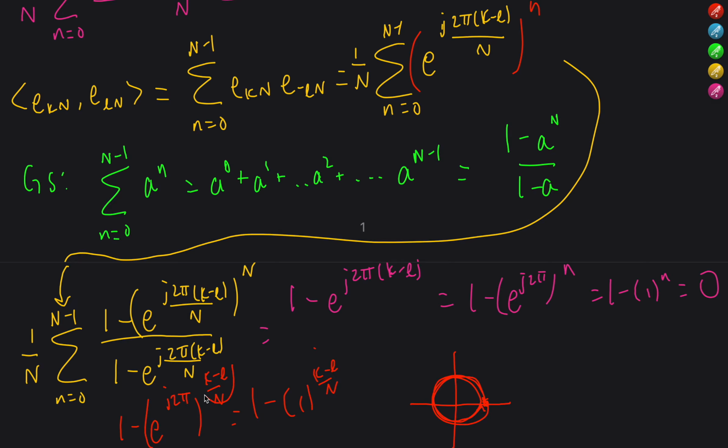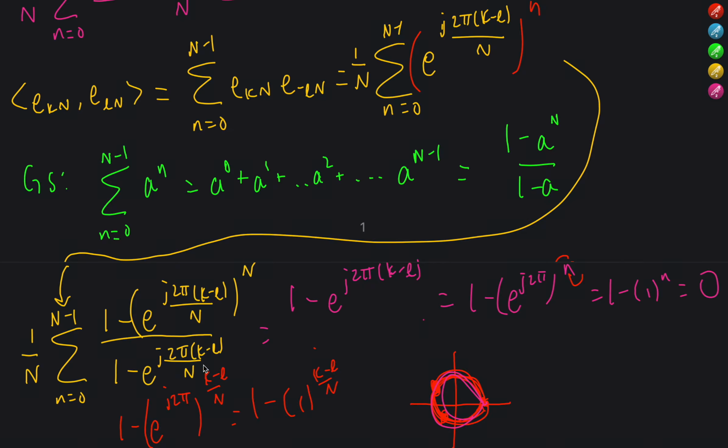But if this number is not an integer, then we might be going fractionally around 2π. We might not go all the way, or we might end up here. So there's no guarantee that we end up at 1. So that's the difference. Here, we know n is an integer because k minus l will be an integer, so we're going an integer multiple of 2π around the circle. Versus here, this could be a fraction, so the math won't work out like that.